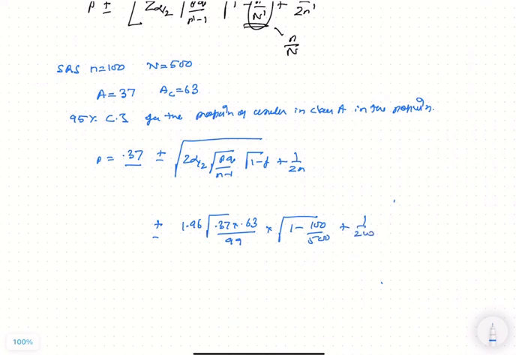So that will give us a number. It will give us 0.37 plus minus 0.89.